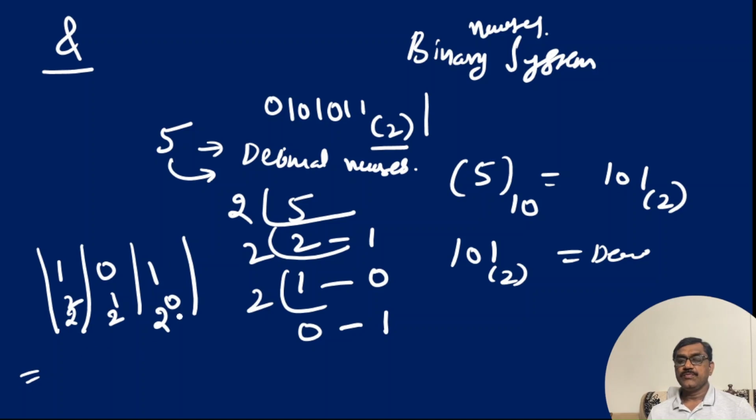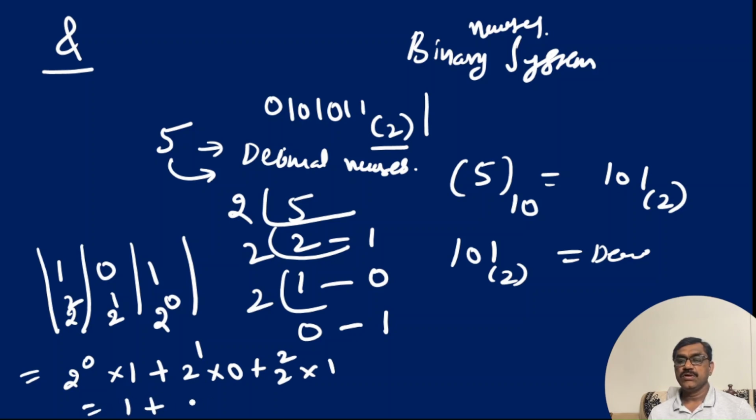So 2 to the power of 0 into 1, plus 2 to the power of 1 into 0, plus 2 to the power of 2 into 1. This means 1 into 1 is 1, plus 2 into 0 is 0, plus 4 into 1 is 4. So here we are getting 5. This is the decimal number 5. This is the way of converting the decimal number into binary and binary to decimal.